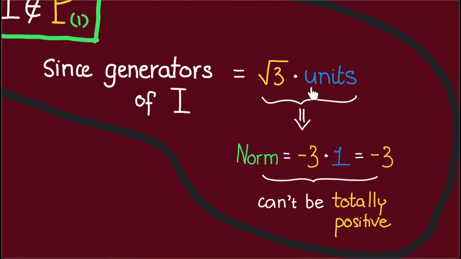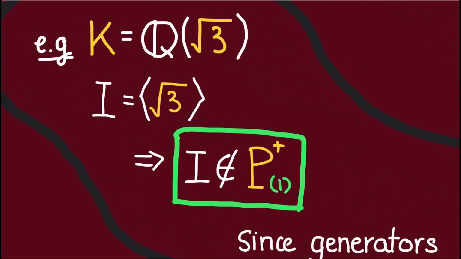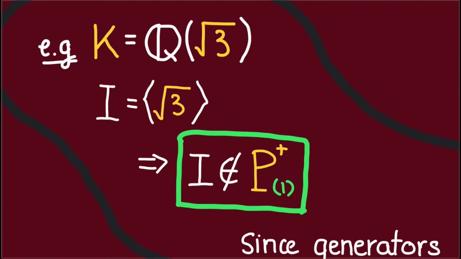So this generator cannot be totally positive, because the norm is just the product of the conjugates of this generator. Thus, as the norm is negative, one of the conjugates of this generator must be negative, and so this generator cannot be totally positive. Thus, that's an example of an ideal that does not lie in P_1^+.